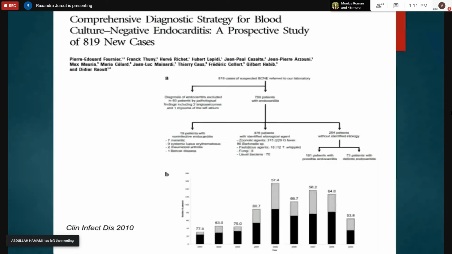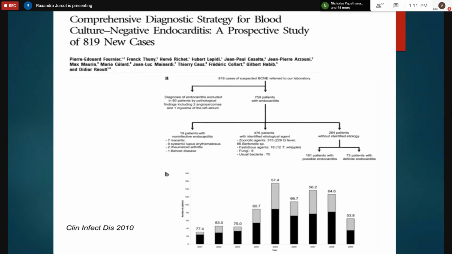And this is just a graph from a paper in which the authors checked on more than 700, almost 800 patients with endocarditis and negative hemocultures.